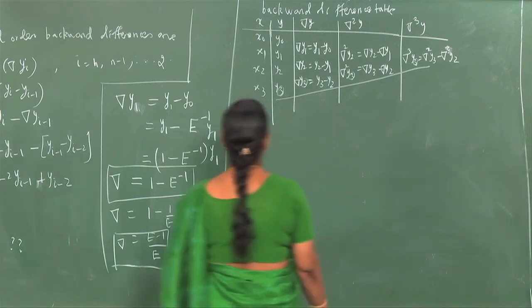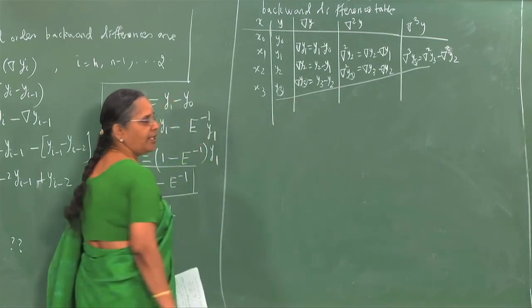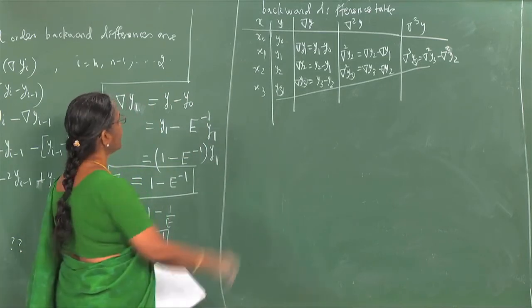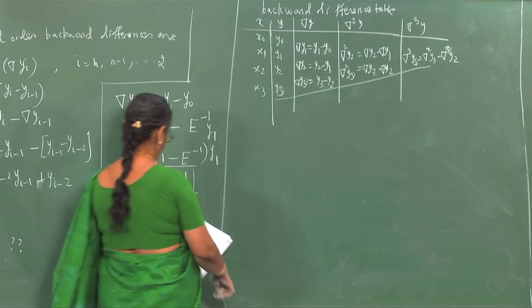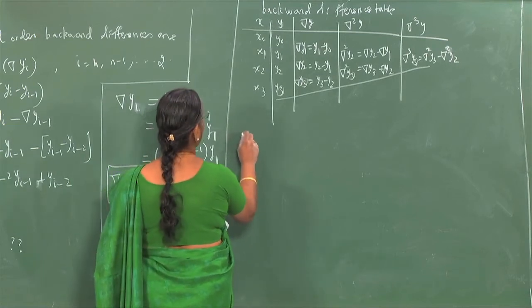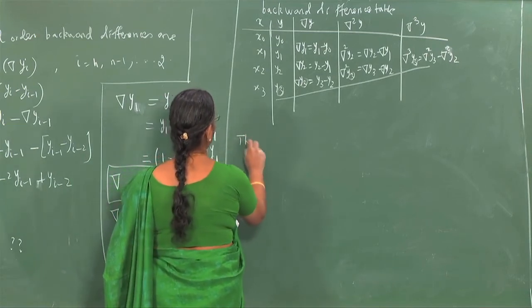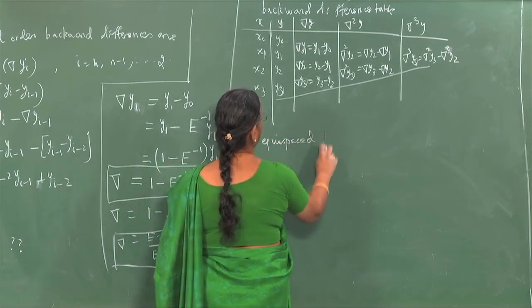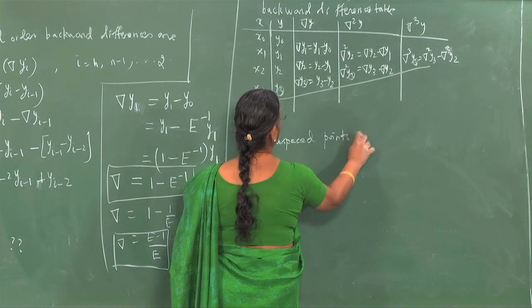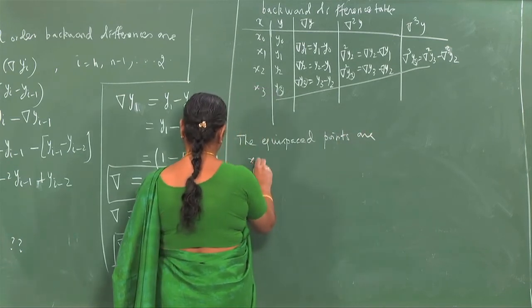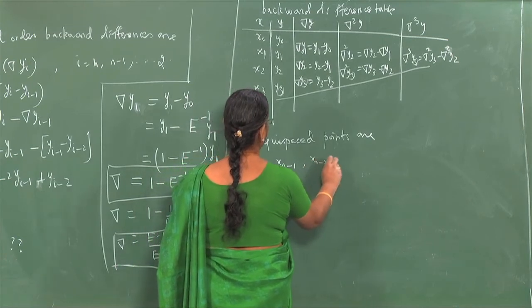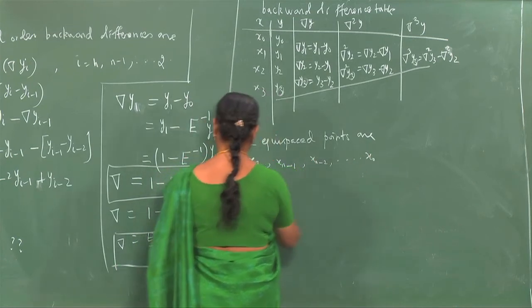So, let us now get the interpolating polynomial when the information is given at a set of discrete points. So, here let us call the equispaced points as follows. The equispaced points are now say xn, xn minus 1, xn minus 2 etc. up to x0.